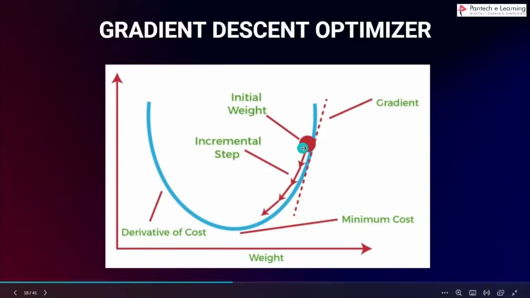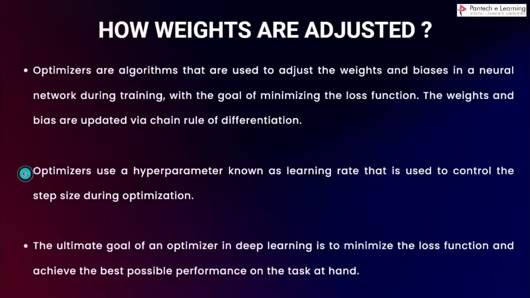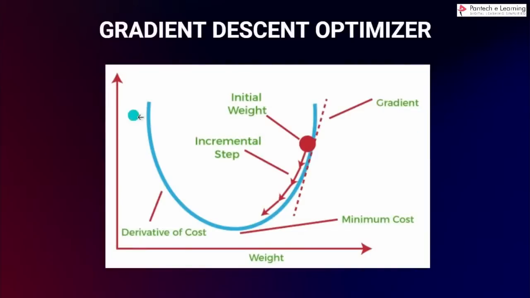So it cannot go zigzag here and there. What this optimizer will do is adjust the learning rate in such a way that the point will gradually descend, like you are descending from a mountain. It will come down gradually so that it can reach the minimal value.